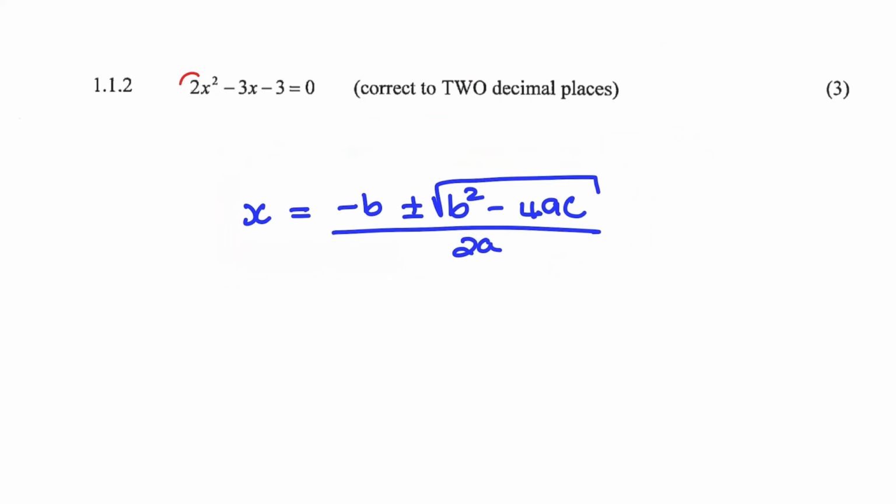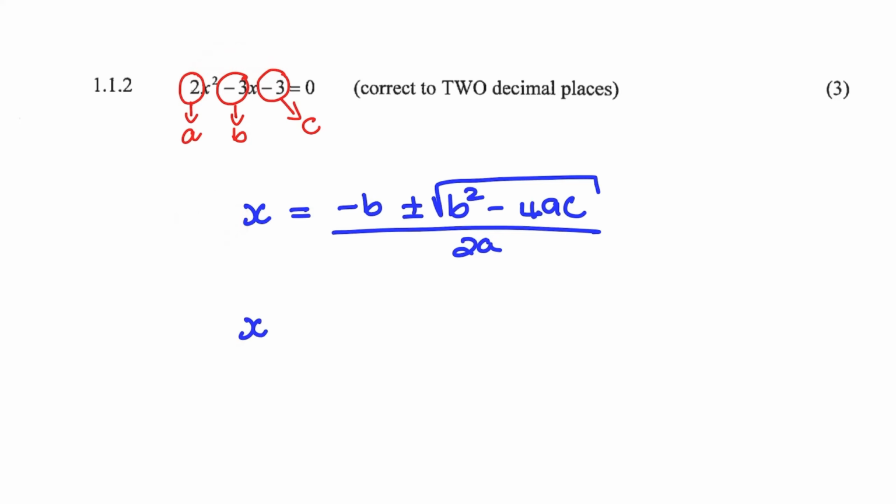So in our equation, the coefficient of x squared would be our a value, negative 3 would be our b value, that is the coefficient of x, and negative 3 as the constant would be our c value. And I substitute these three values into my formula.